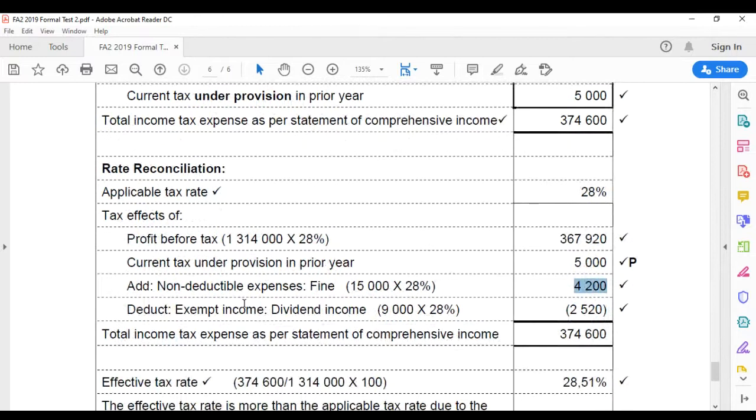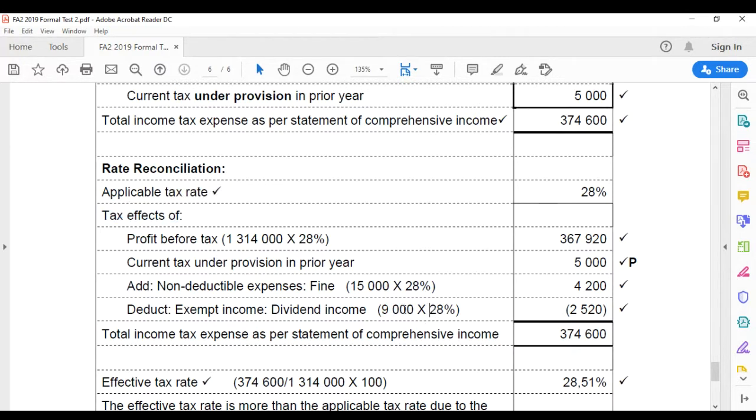Then in our tax calculation, we deducted. What did we deduct? Exempt income. What did the exempt income represent? It was our dividend income. How much did we deduct? We deducted 9,000 rands. But again, we are not disclosing the gross amount, we are disclosing the tax effect.